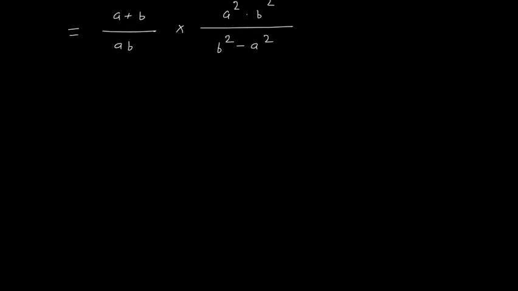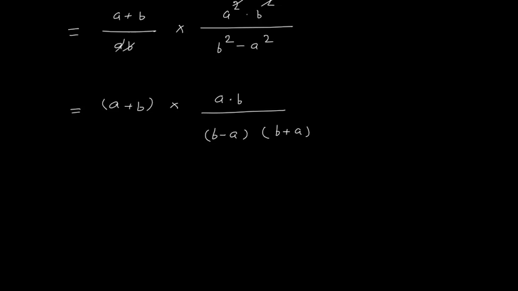Okay, so this is equal to a plus b. Now this a will cancel with this a square, so here we get a, and this b will also cancel. So now we have a plus b into a into b whole divided by, now this b square minus a square I will write as b minus a into b plus a.